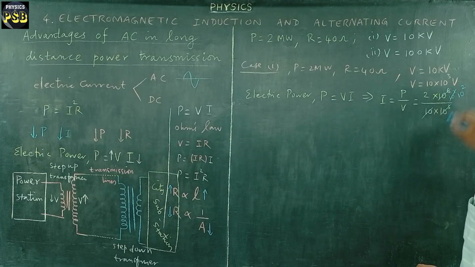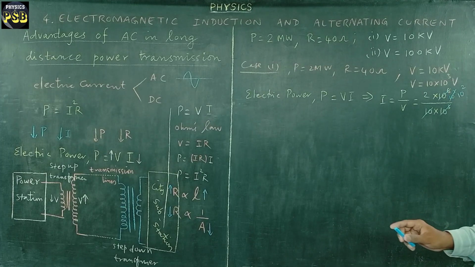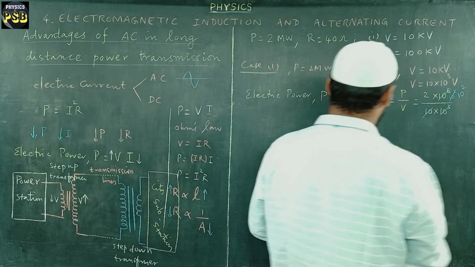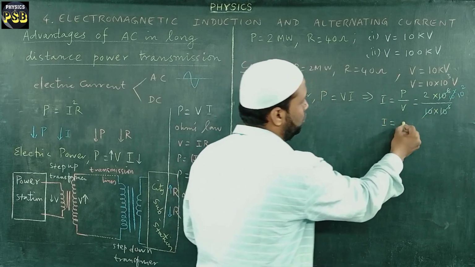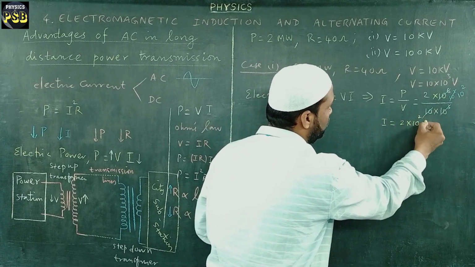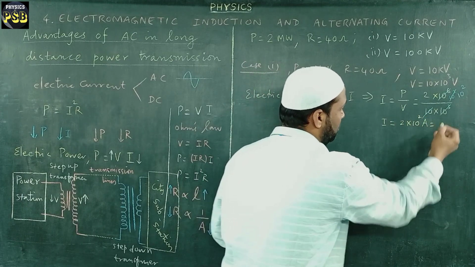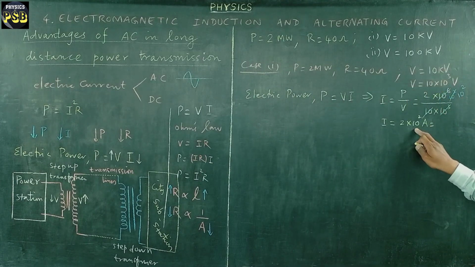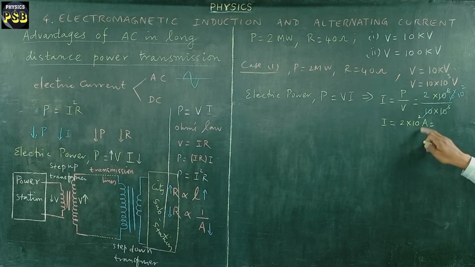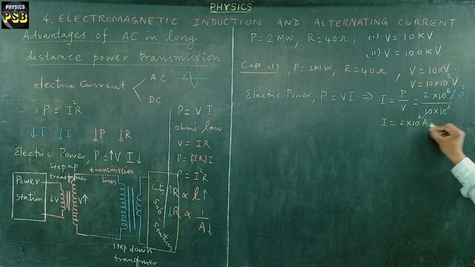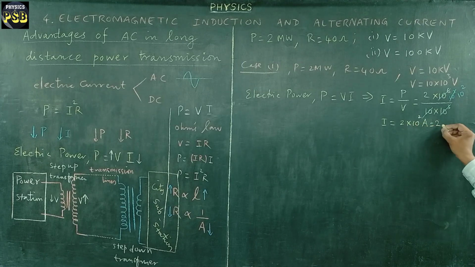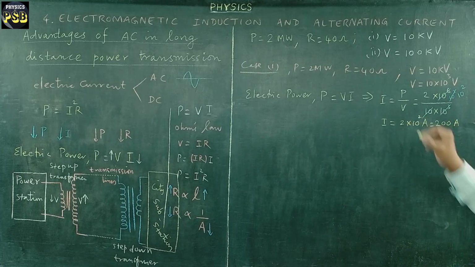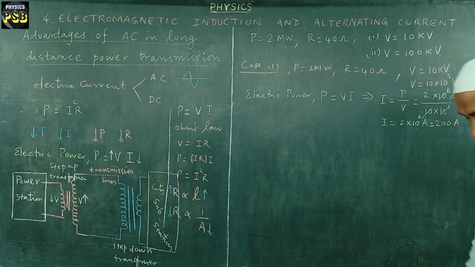So the I value is nothing but 2 into 10 power 2, measured in ampere. 10 power 2 means we multiply 10 twice. 10 into 10 is 10 power 2, so when 10 is multiplied twice, we get 100. 100 multiplied by 2 is 200 ampere. This is the value of I for the first case.